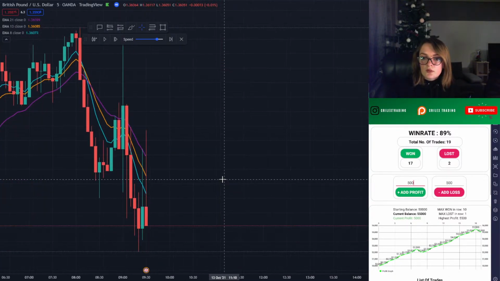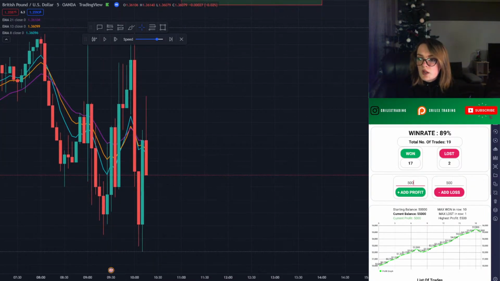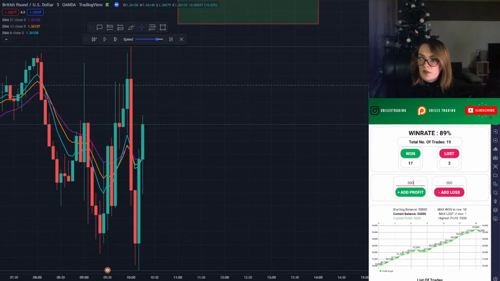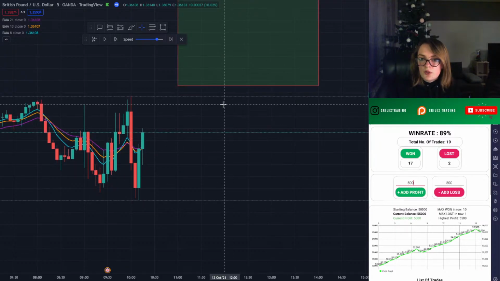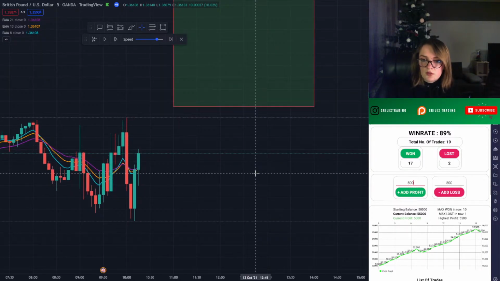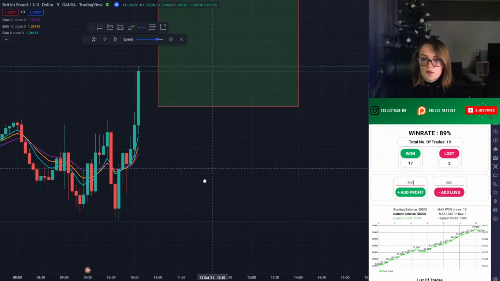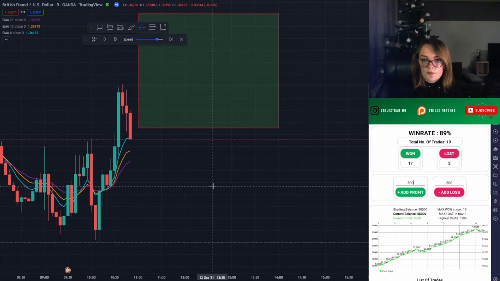The price is quite rangy for the moment, but actually I see that we are getting a buy zone. I am going to look for buy entries as soon as these candles close above the EMAs. Okay, so now we need a retouch.